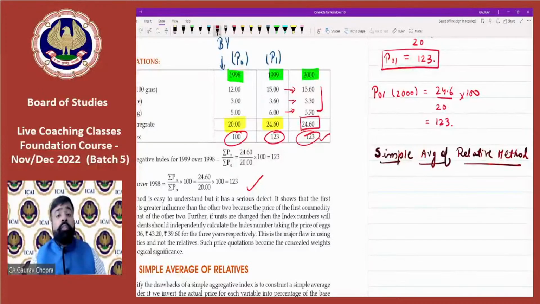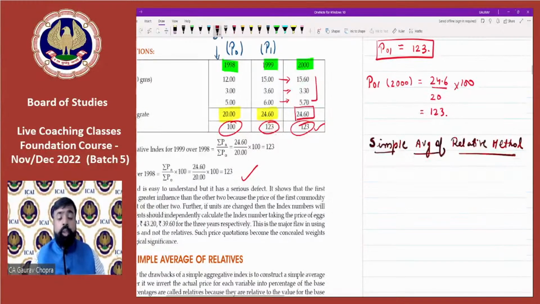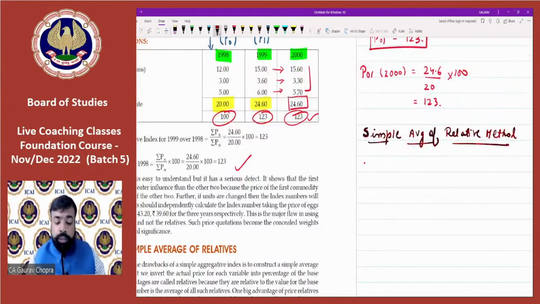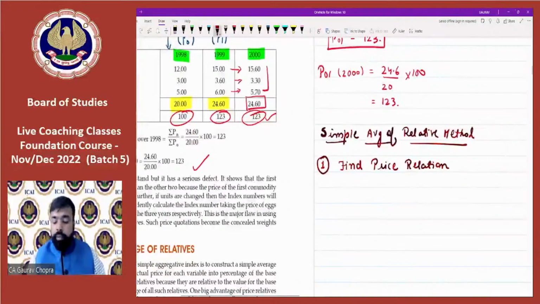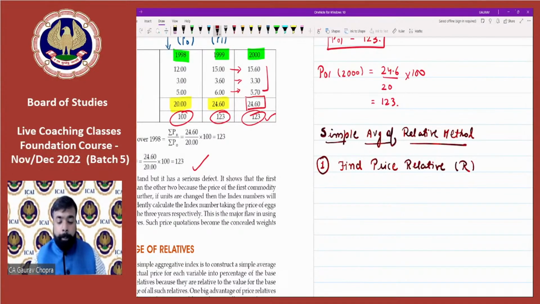Now, how to solve using this method? There are two steps. The first step is always to find the price relative, and we can denote the price relative by R. The second step is to find the average of all the price relatives.